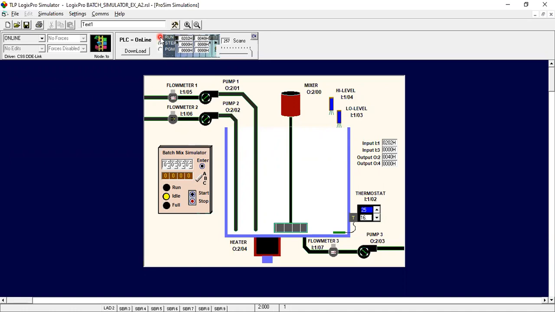And when you click the run mode, our idle LED will glow. When you press the start push button, it will reflect like that.